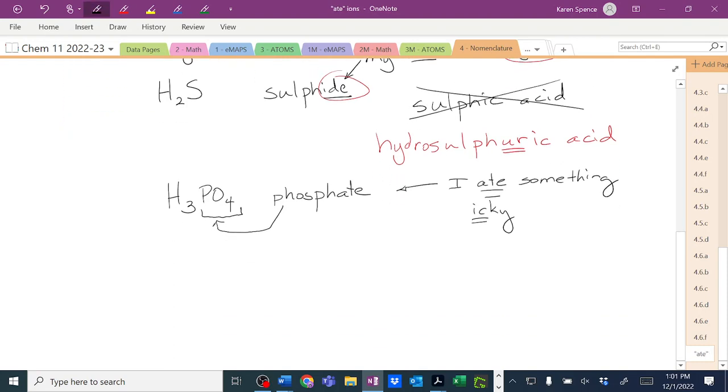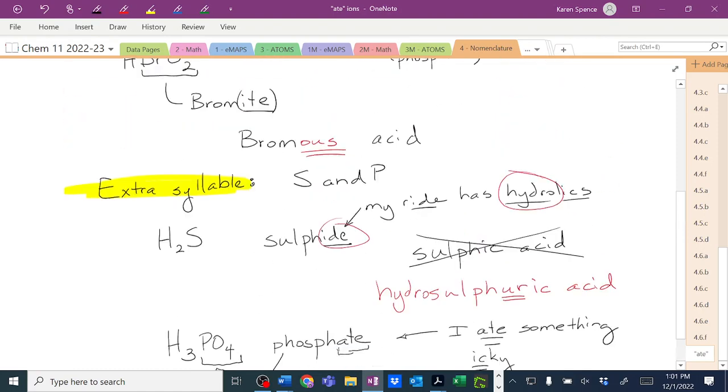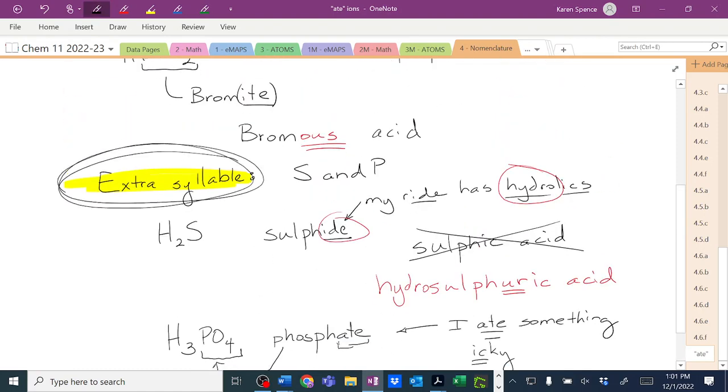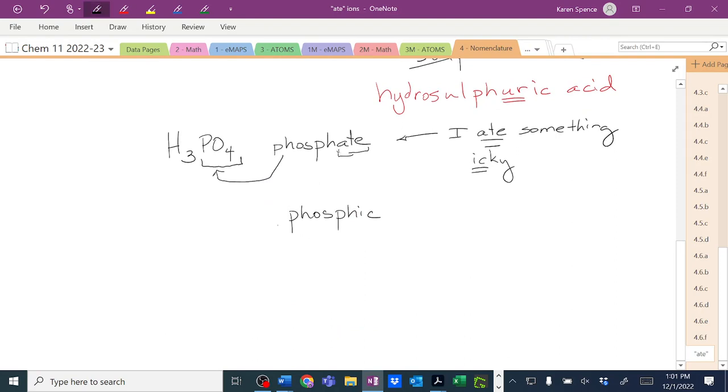So we're going to take that ate away and replace it with an ic, but we're not just going to have phosphic because P is one of the ones that needs an extra syllable. So it's going to be phosphoric acid.